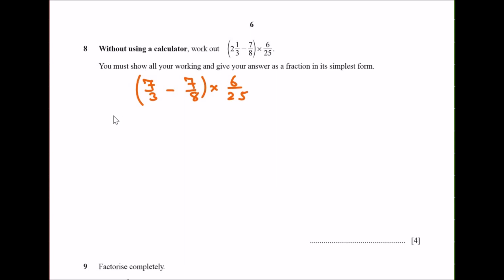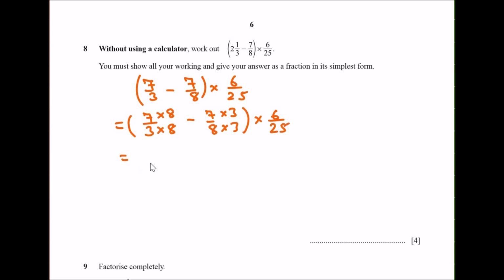We'll make the denominator the same because we have to subtract. We have 7 by 3 and here we have 8. So LCM of 3 and 8 will be 24. So we need to multiply this by 8, top and bottom both, and 7 by 8, we need to multiply by 3, top and bottom, into 6 by 25.